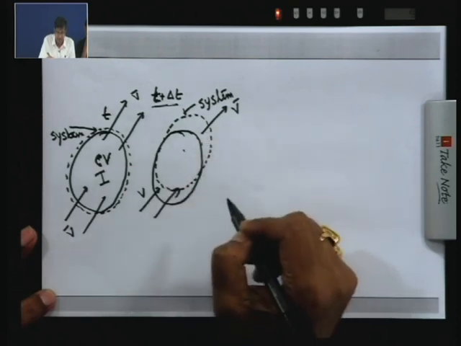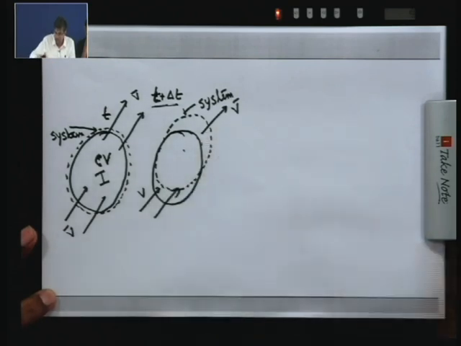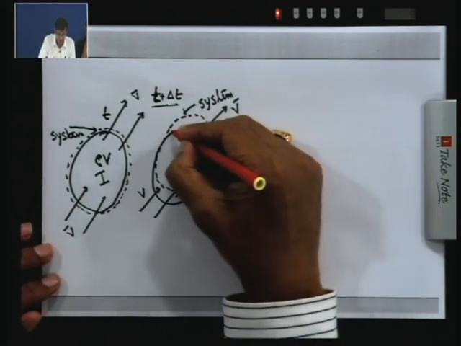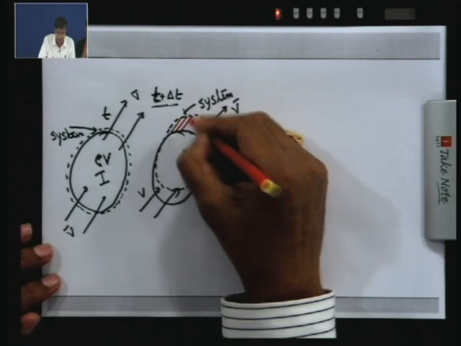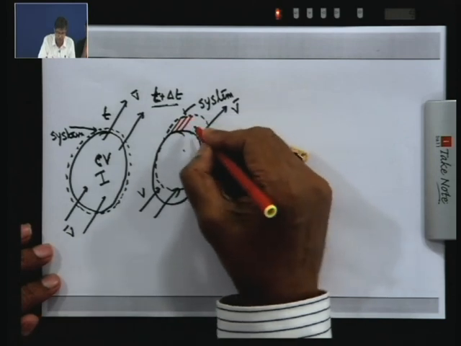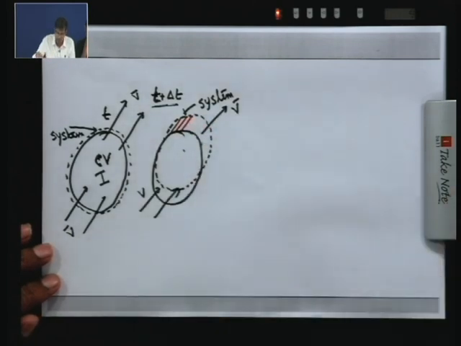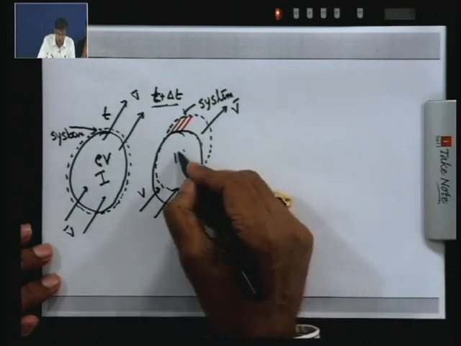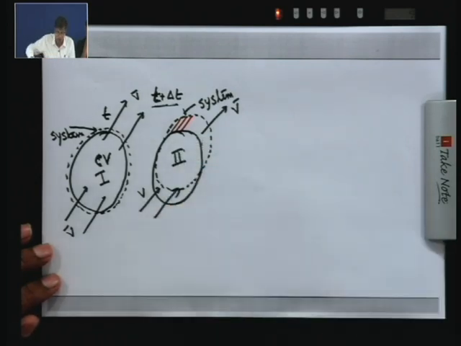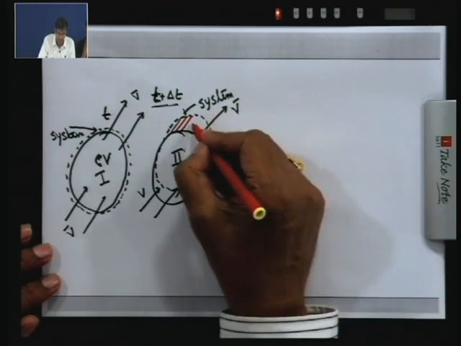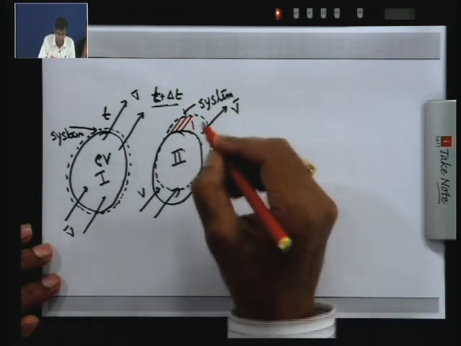This displacement has caused some intercepted volumes, which I show in red ink. Let us consider the volumes defined like that. This is volume 2, the unintercepted volume. This intercepted volume is volume 4.